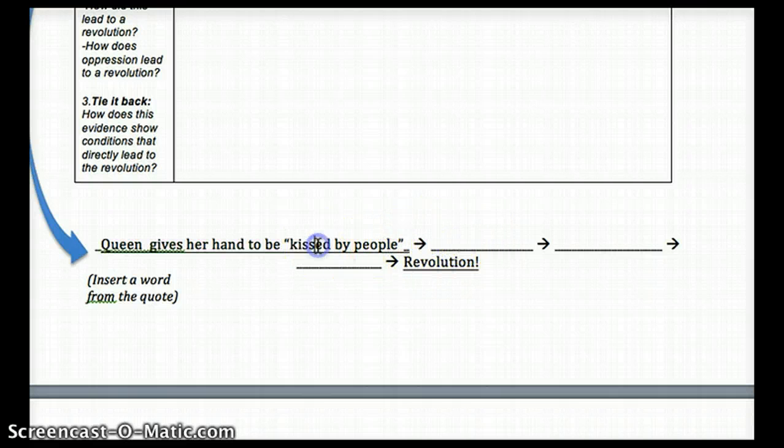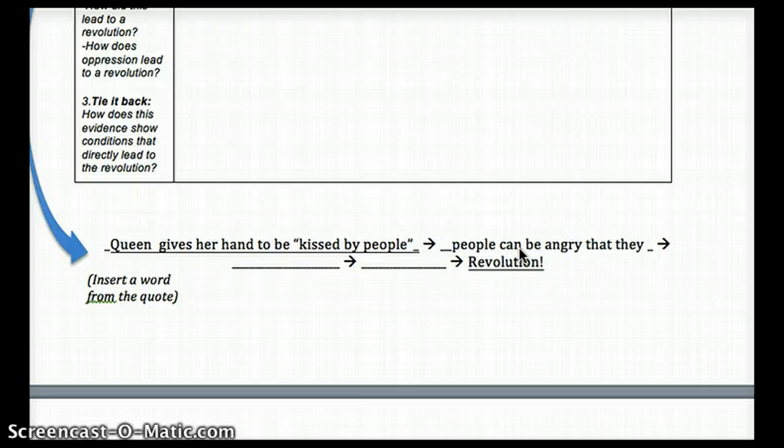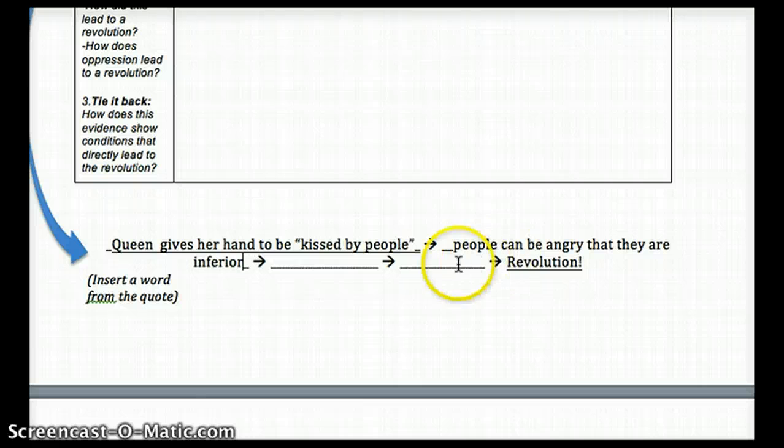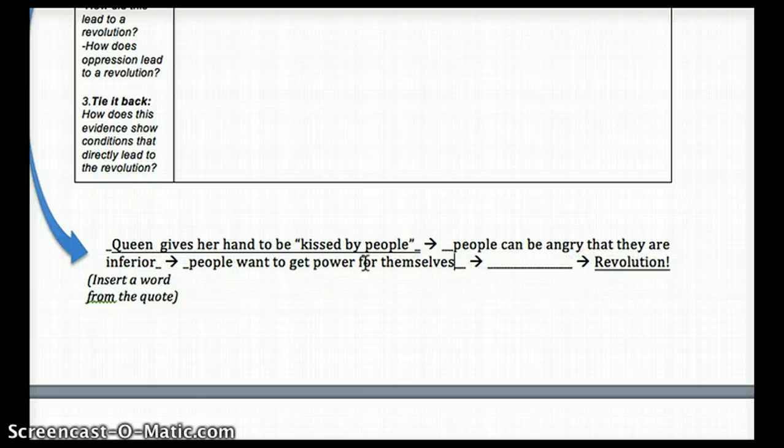Well, by giving your hand to be kissed by people, what do you think people think about you? Well, people, in my opinion, can be angry that they are inferior, which means low. What does that lead to? Well, when people think they're inferior, people want to get power for themselves.